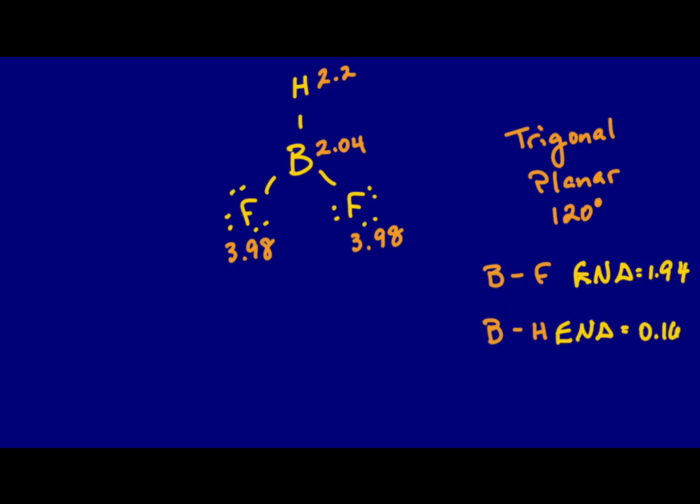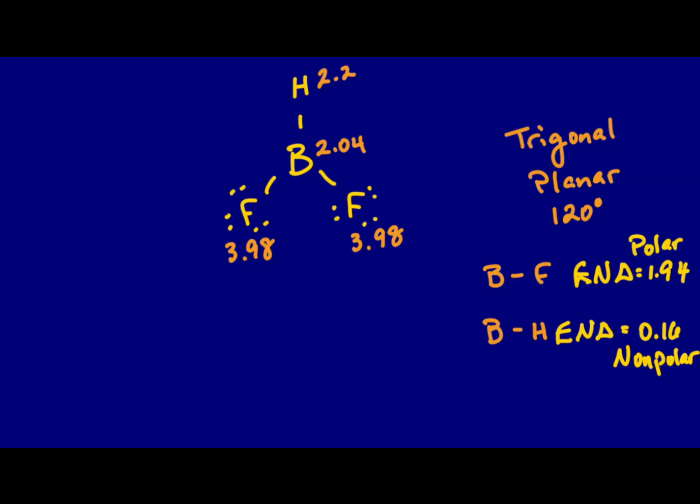The boron-fluorine bonds are polar, right? Because of their large difference in electronegativity. But the 0.16 for the boron-hydrogen bond is below our threshold. It is smaller than 0.4. So this bond is actually just going to be nonpolar. So there is going to be no dipole for the boron-hydrogen bond because those electrons will be shared equally.